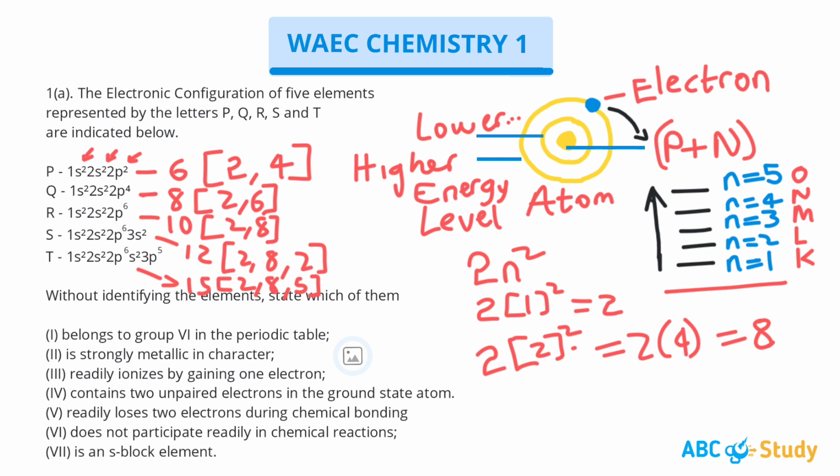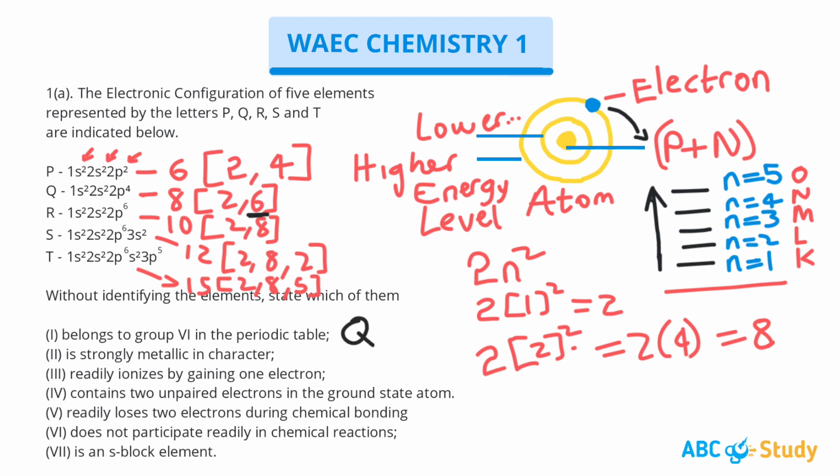You should know that the answer should be Q, because Q has 6 electrons in its outermost shell.